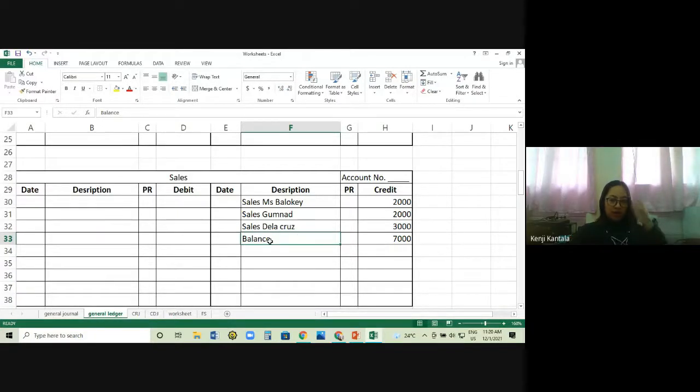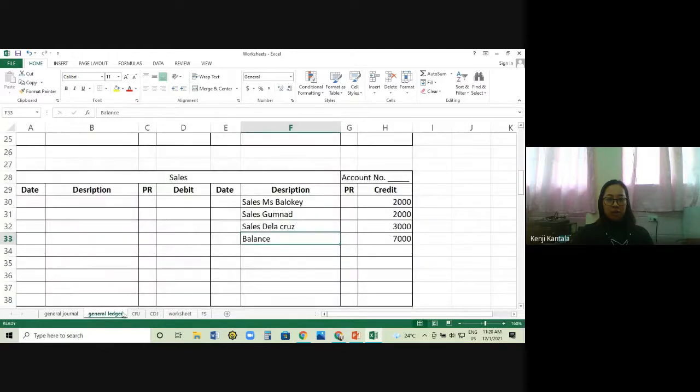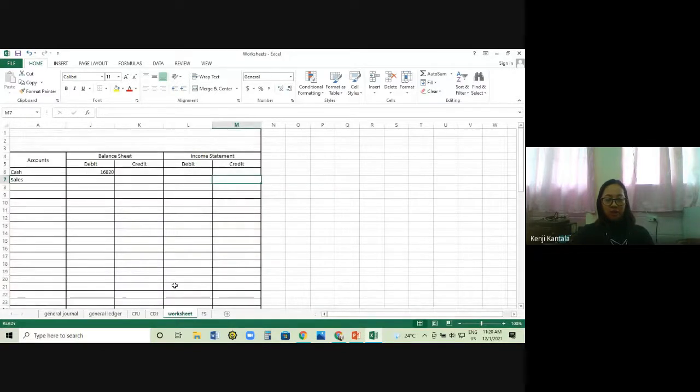So, since sa general ledger natin, yung balance niya is nasa credit side, so ilalagay din natin siya sa credit side ng ating worksheet. So, we have here sales. We put it under income statement, credit side. Magkano na yon? That's at 7,000 pesos.